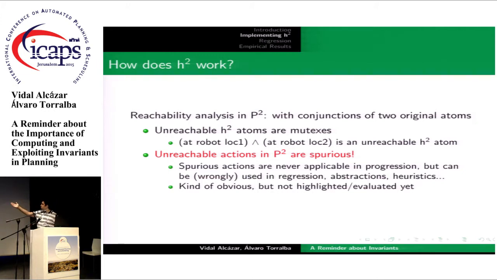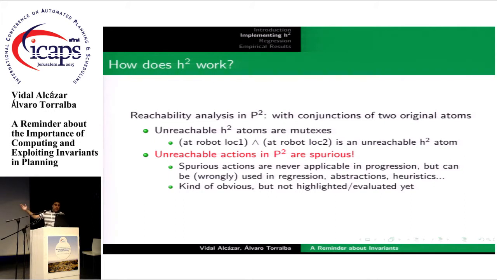Of course, this H2 allows us to compute some of these pairs that are unreachable from the initial state. For example, we can discover that a robot cannot be in two places at the same time, but also that a robot cannot be on a painted cell because it cannot move into a cell that has been painted.